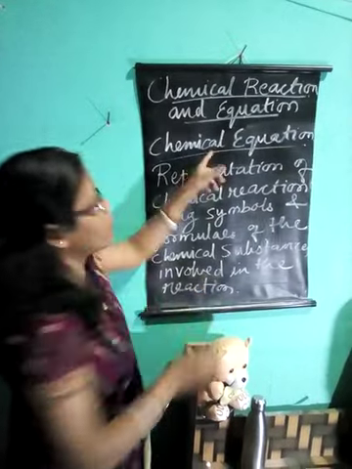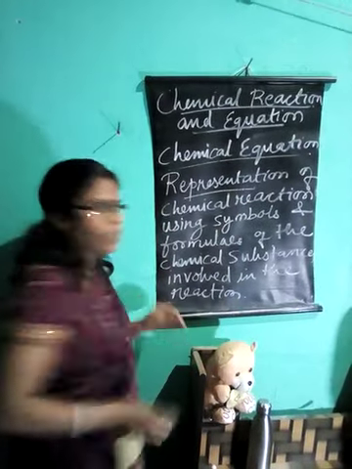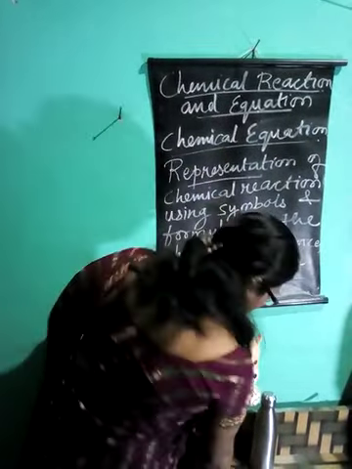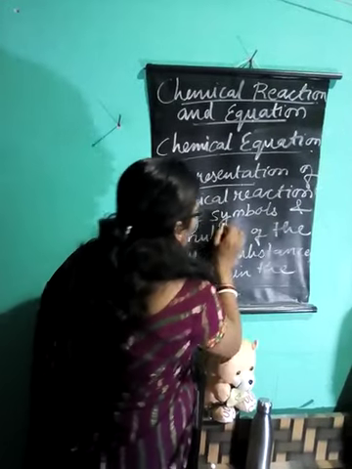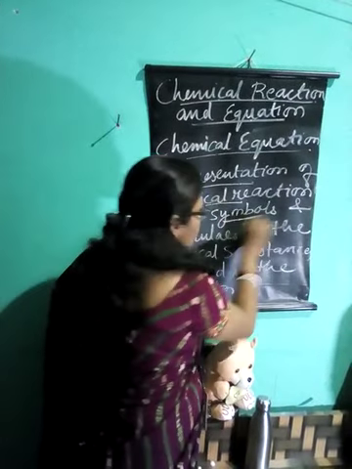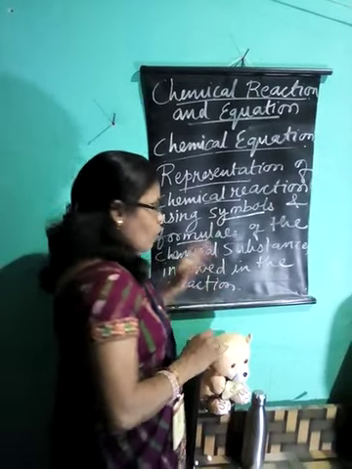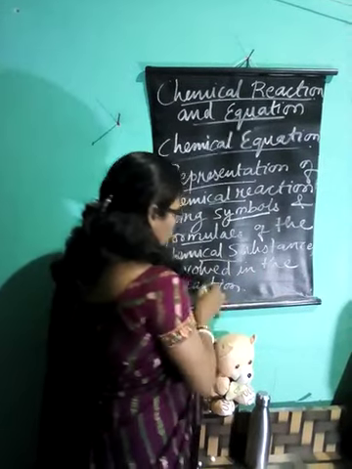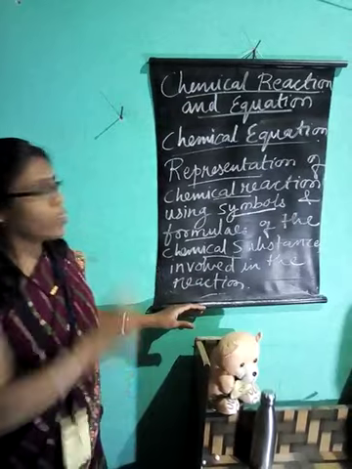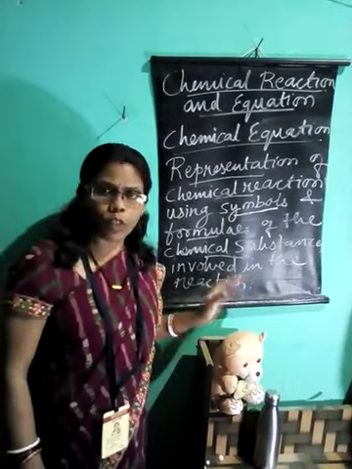So it is a simple representation, a form of representing a chemical reaction by using symbols and formulae of the substances which are involved in the reaction. So this is chemical equation. Got it?